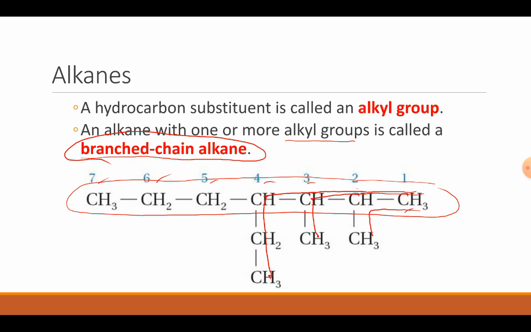From that way, 1, 2, 3, 4, 5, 6. So the most is 6, but here we have 7. So I will choose this as the parent chain. Why do we choose the parent chain? Because it helps us in naming later. We will know it now.